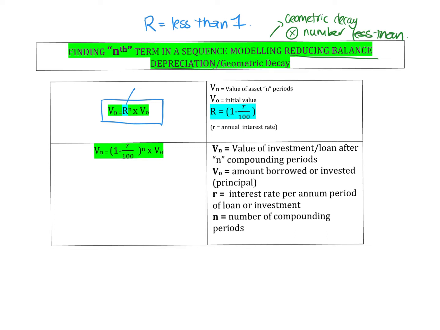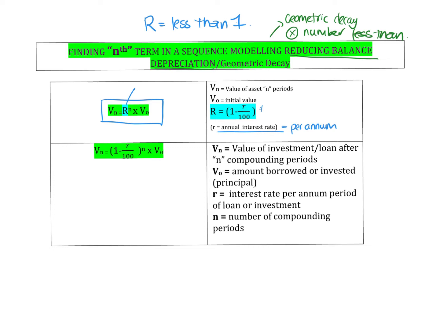So we know how we find the R. There's the formula here. And just remember, it says annual interest rate. They may write that as per annum rate. Just be aware that means the same thing. And you can see they're using the V0.